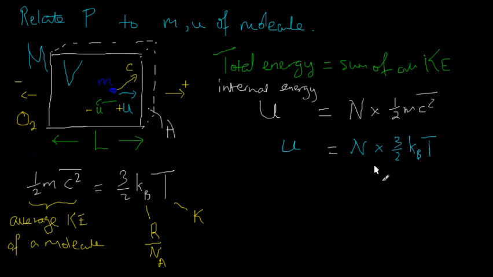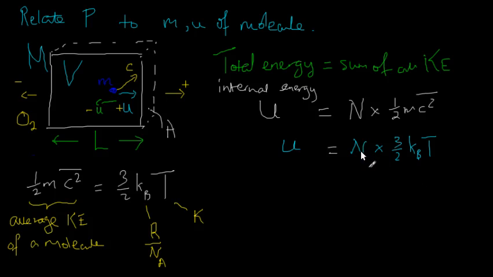And so now we have a formula for the internal energy in terms of the temperature. So if we know the temperature, which we can measure with a normal thermometer of a box of gas, I can use this formula to find the total kinetic energy or the internal energy. So basically the internal energy of the gas we can find using this formula.